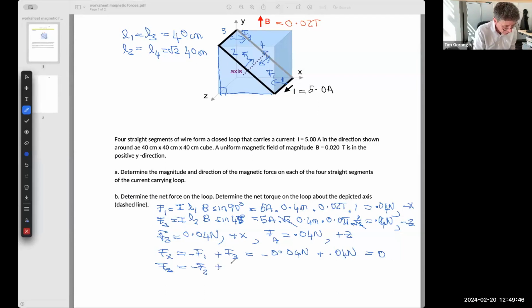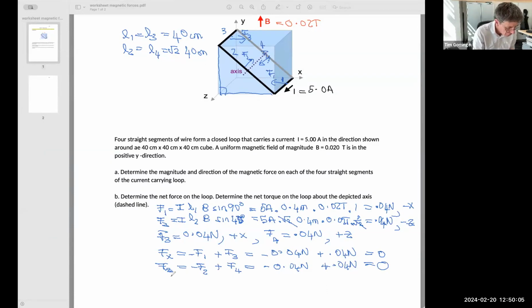The wire on the back face is in the positive z direction. So I indicate that as plus F4. And then I can fill in the numbers. So I've got minus 0.04 newtons plus 0.04 newtons again. All the forces were the same size. Again, these add up to 0. So there's no net force in that direction.